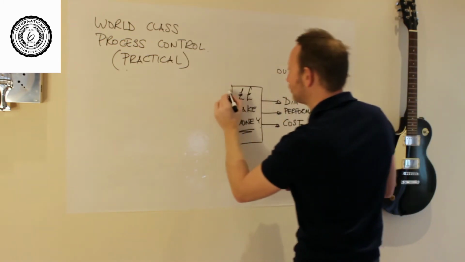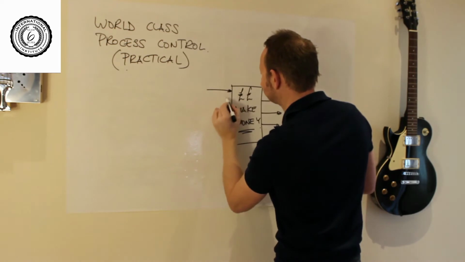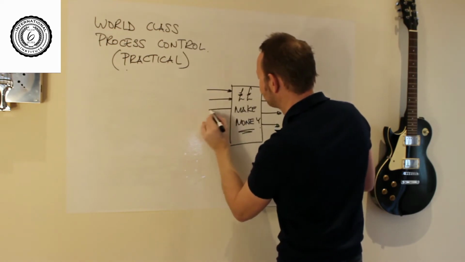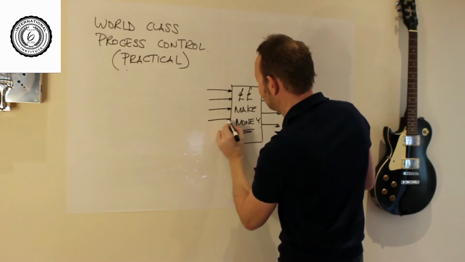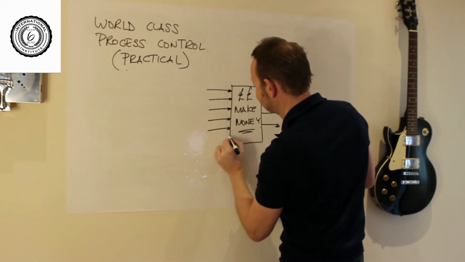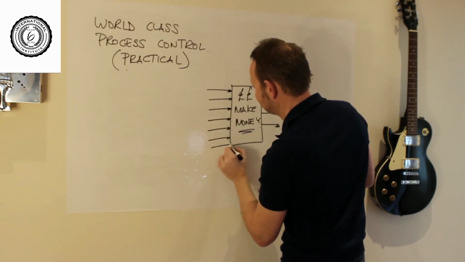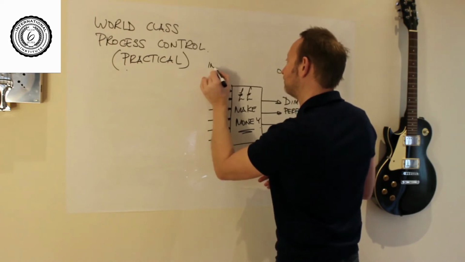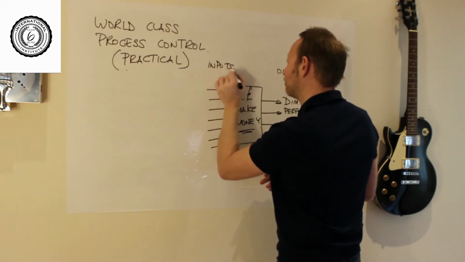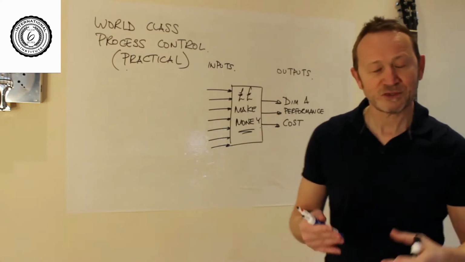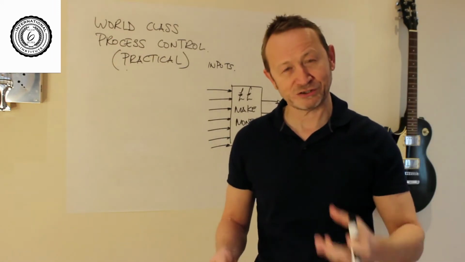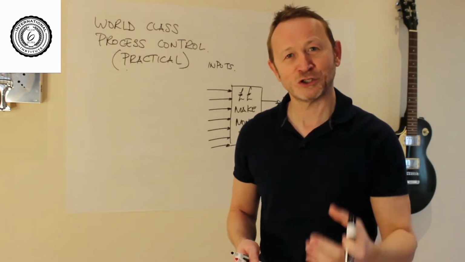Of course, over on this side of the diagram, well, we have lots and lots of inputs. You got inputs over this side of the diagram. And what does world-class process control look like?